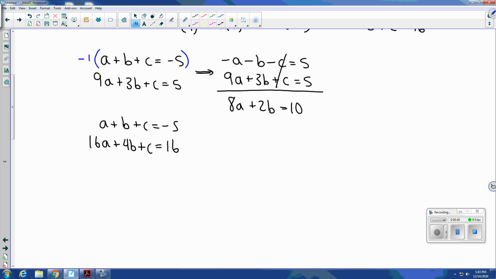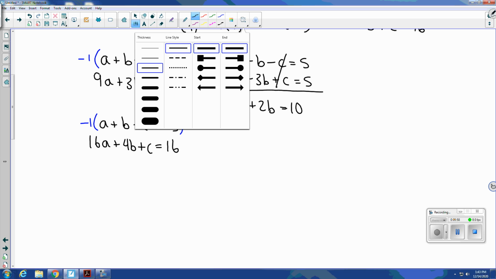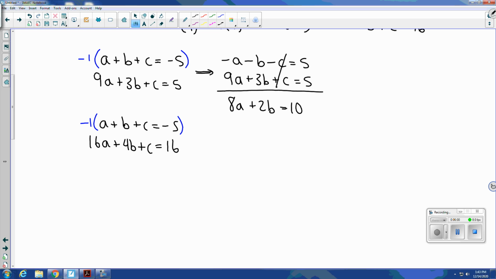Again, the c values already have the same coefficient of 1. But if I added the equations right now, they wouldn't eliminate. So let's multiply the top equation by -1. My new manipulated system will be -a minus b minus c is equal to 5, and 16a plus 4b plus c is equal to 16.